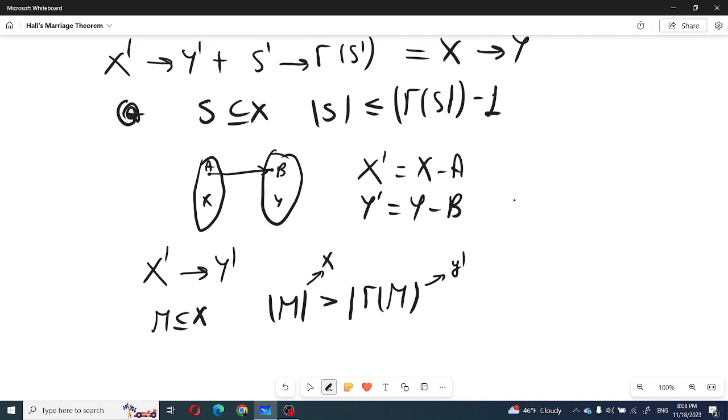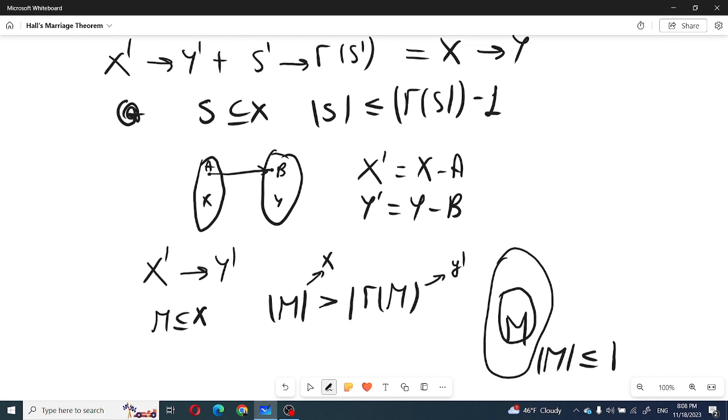Now look at what can be said about M in the original X. The size of M must be less than or equal to the size of G of M minus 1, where M was in Y. And what can be changed after we are considering M in Y prime?